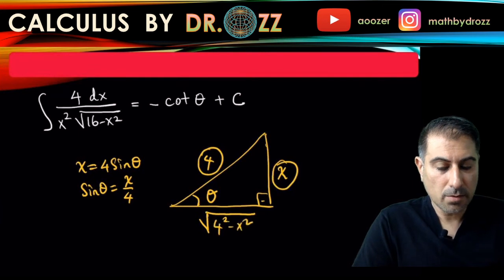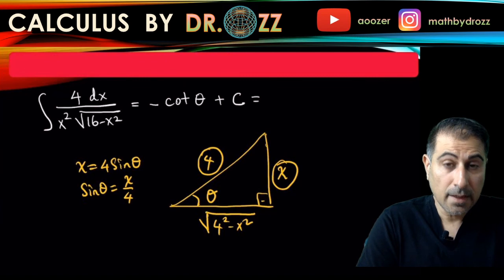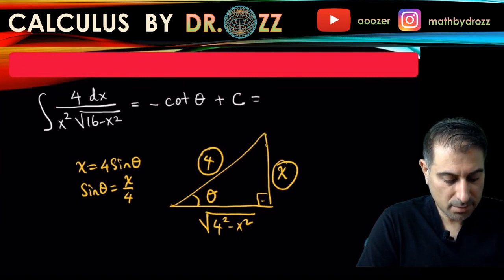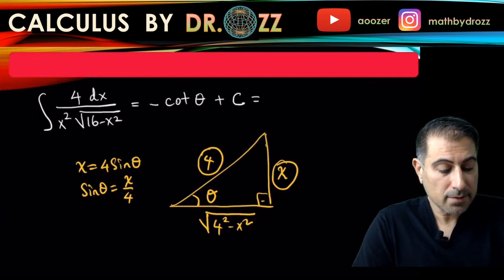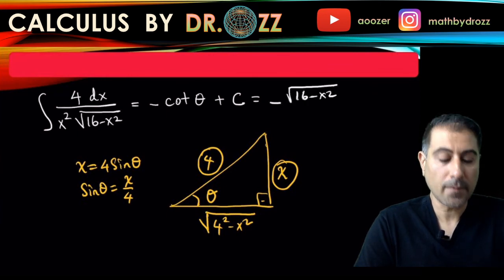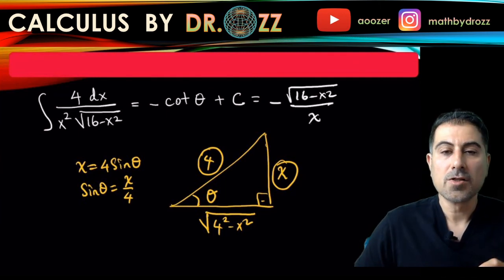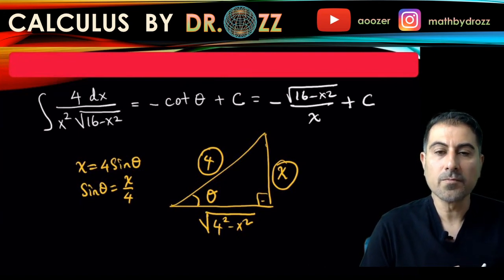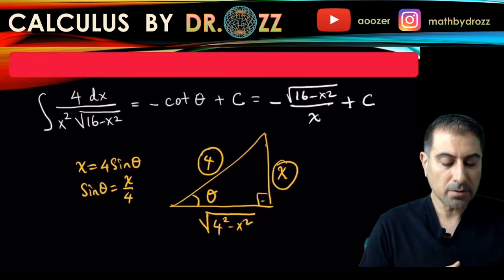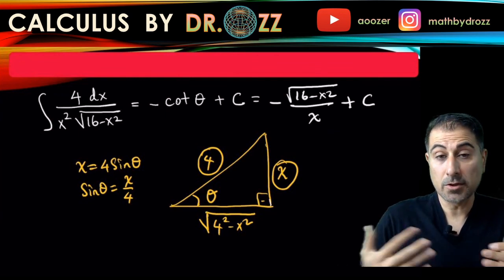To conclude, I need negative cotangent theta, and cotangent is adjacent divided by opposite. So minus the square root of 16 minus x squared divided by x, and I need to put plus c here. So in the final step, to back substitute theta, we have to have the triangle so that we can get the final result in just one shot.